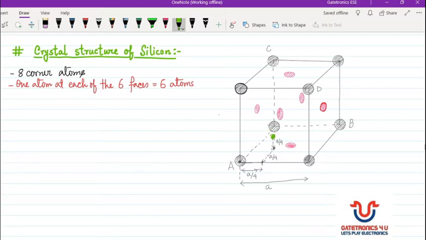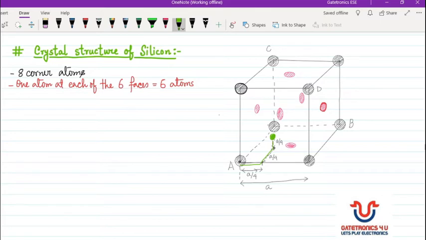So this atom is situated at, if we move a by 4 in this direction, then a by 4 in this direction, then a by 4 in this direction, then we will get this atom.